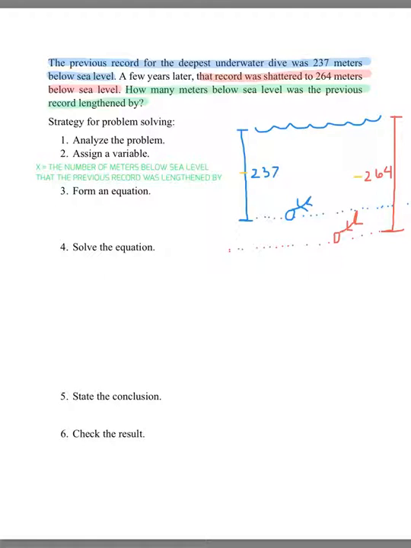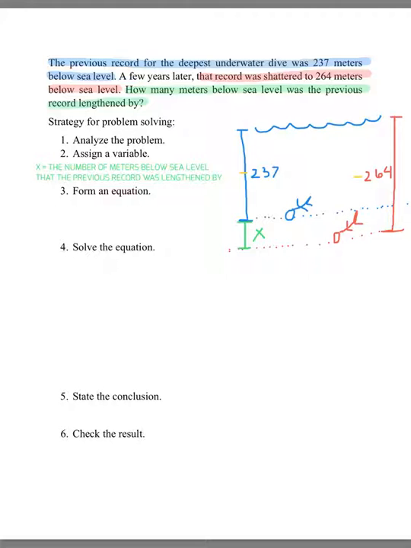And now what we want to know is the difference between the two. So we want to know this value right here. That's the number of meters below sea level that the previous record was lengthened by. But the problem is we actually don't know that value. So we're going to substitute in an x for that. And now I believe we have all the information we need to create an equation.